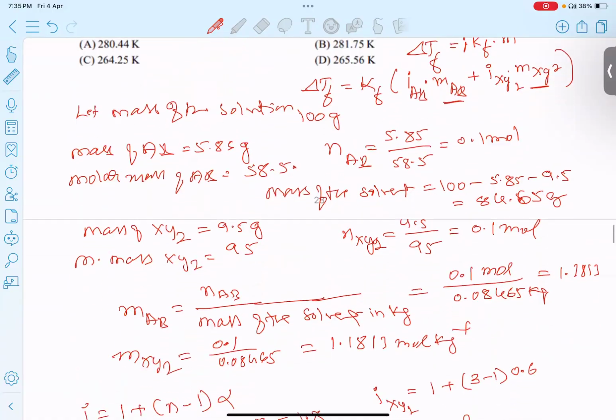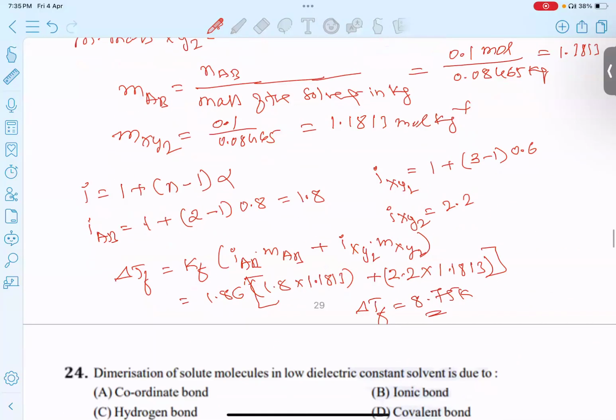So once you find the delta TF value, calculate the freezing point of this solution. We know that delta TF is equal to the freezing point of the pure solvent minus the freezing point of the solution. So delta TF is calculated. Here, the freezing point of the solution is equal to T naught F minus delta TF.